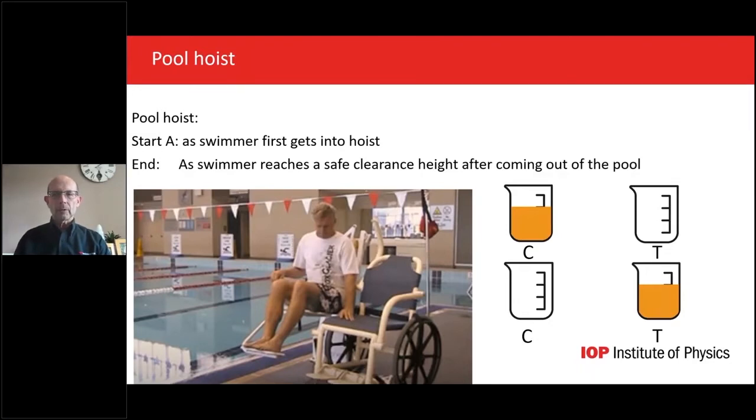It's a thermal store. And this again illustrates an issue when we're looking at energy stories in the real world, is that often if we just look at the energy store which has filled and the energy store which has emptied, it tells us nothing about what the machine is for. It doesn't tell us that the point of this machine was to safely lower somebody into the water and then get them out again at the end.